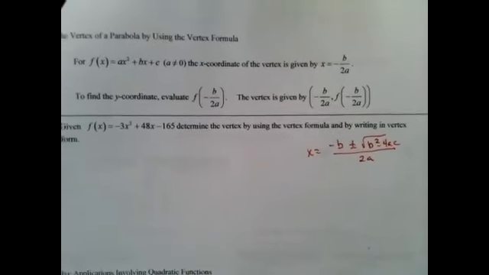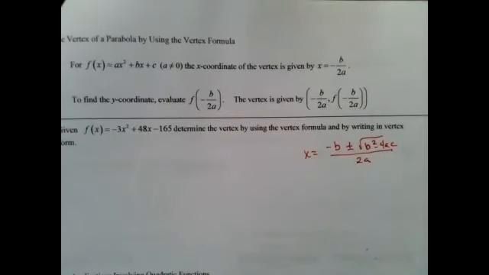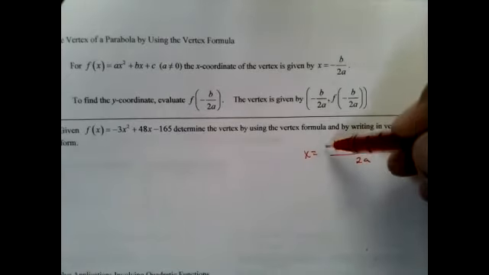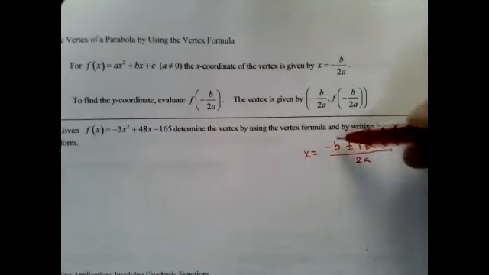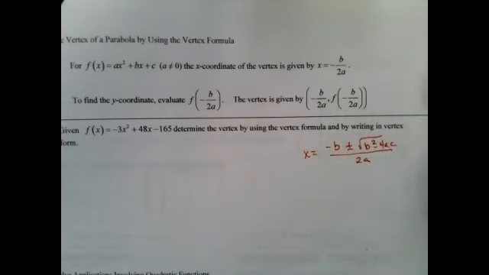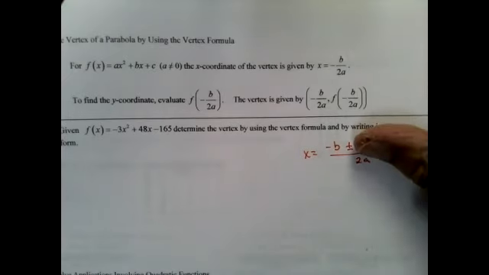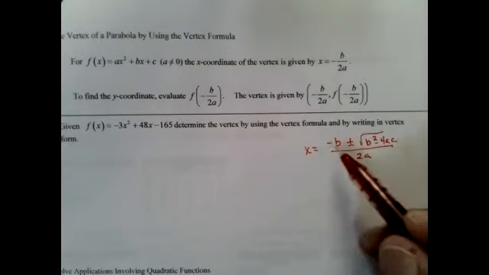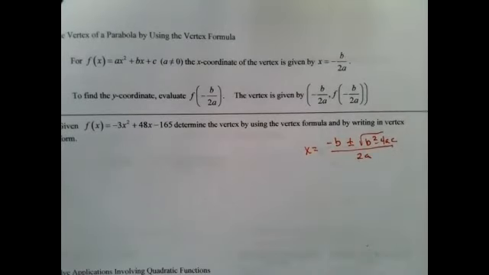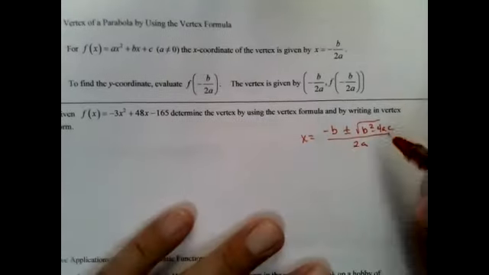If I take a look at it, I'm going to be able to find the vertex by using just this guy, the negative b over 2a. So not looking at the square root of the discriminant, just this is going to help me with my vertex. And I'll tell you something else.